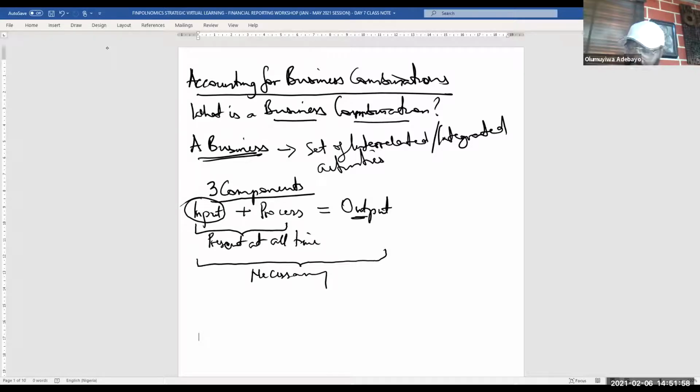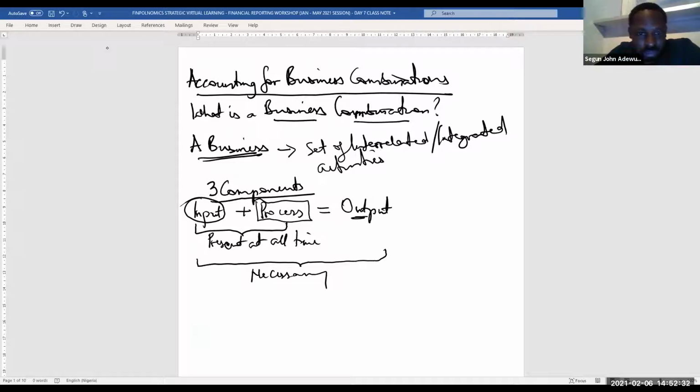The next one is the process. Who can tell me what the process stands for in a business? Okay, if I may try, sir. The process is the activities needed to convert the inputs into an output.